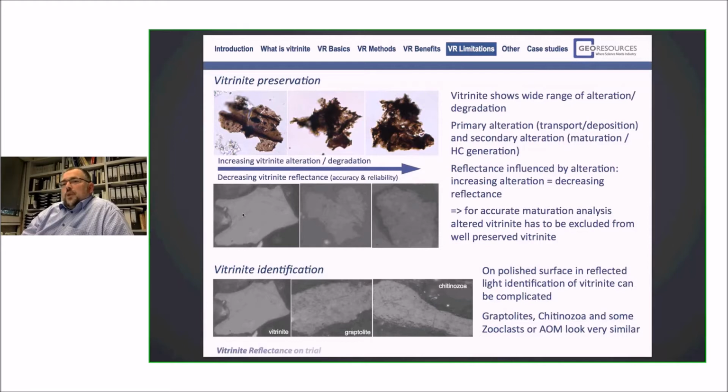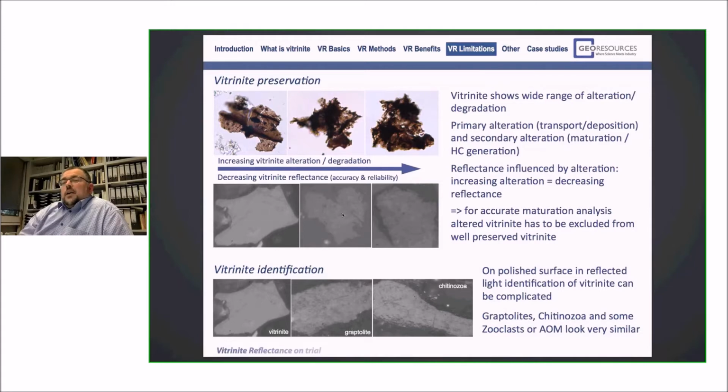If you see the grayscales, they get darker from well preserved to poorly preserved. So the increasing vitrinite alteration, degradation in this direction corresponds to decreasing vitrinite reflectance, because the higher the reflectance is, the lighter are the particles. The darker the particles, the lower the reflectance is.